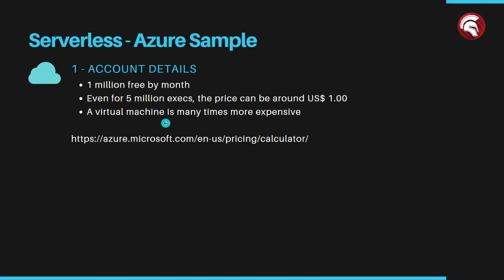And if we put an online virtual machine, it will cost many times more. We have a pricing calculator. All the cloud providers have one, so you can go there and measure your cost for the services that you may need.